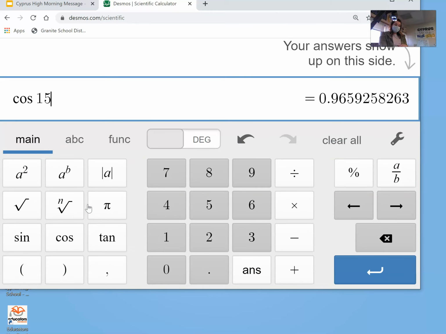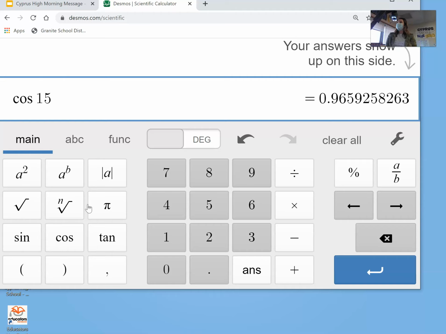So let's go 4 decimal places: 0.9659. Sorry, you can't see what I'm doing there. So I plugged this into Desmos, and that's what I get.